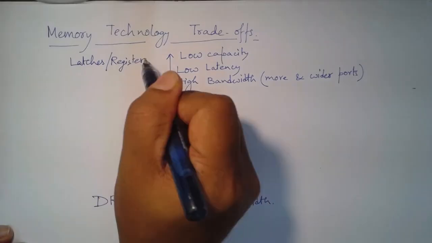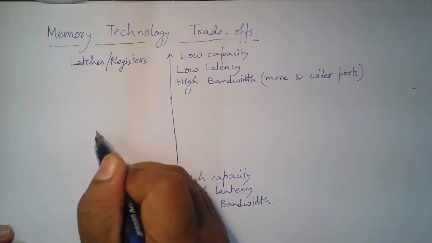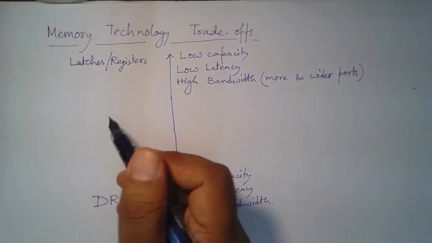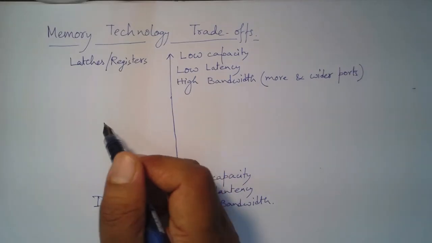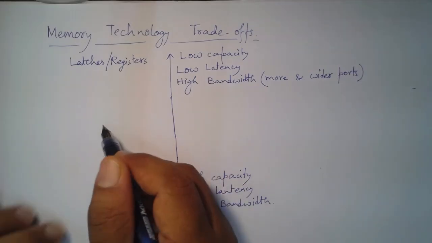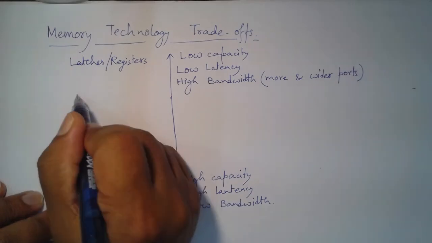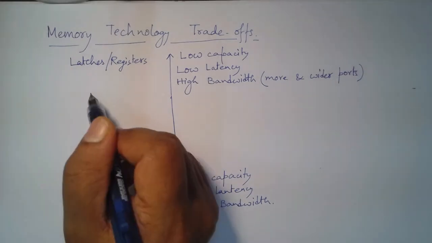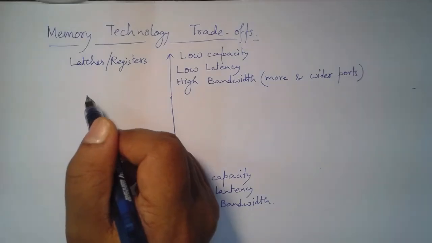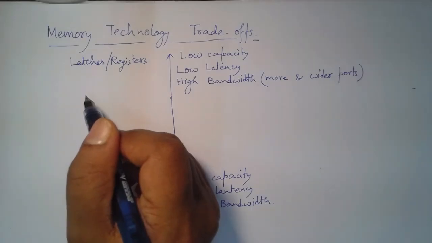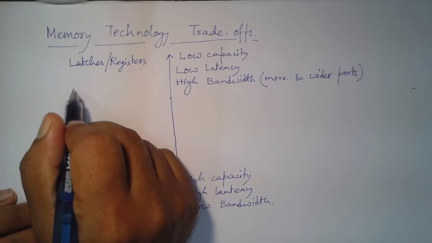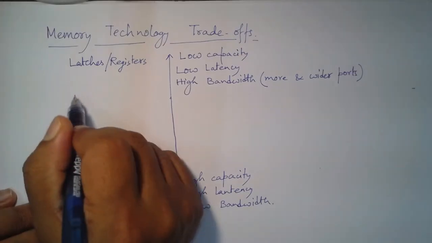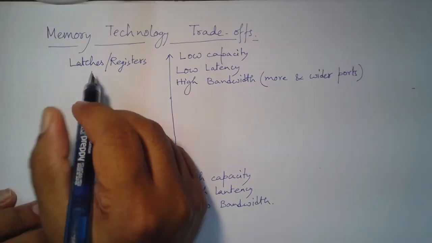Now, if you have a bunch of registers or you build a register file, so you have multiple latches or flip flops and using them you build a register file, then this also will perform reasonably good. But since you will have extra circuitry to decode which latch or which bunch of latches you want to read or write, the read write performance will degrade a bit compared to latches and registers.